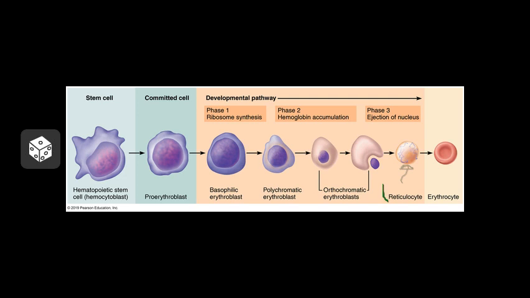And at this point in time, this is an immature red blood cell. It's called a reticulocyte. Once the erythrocyte is mature, it is kicked out of the red bone marrow and into circulation.